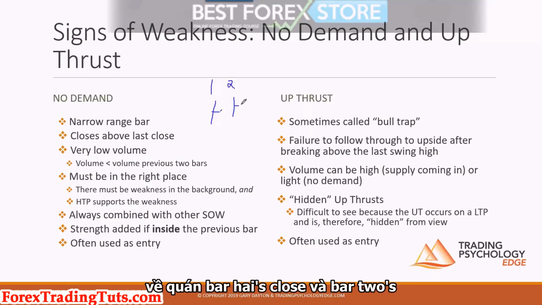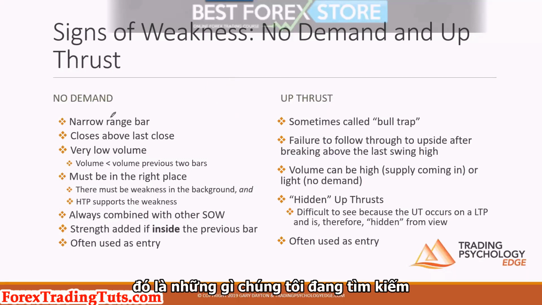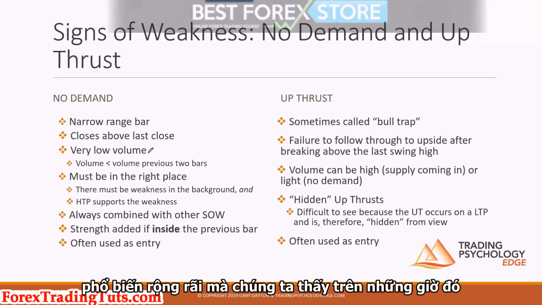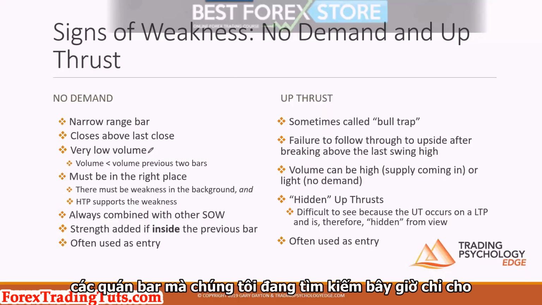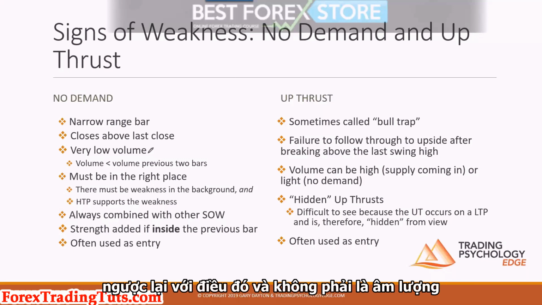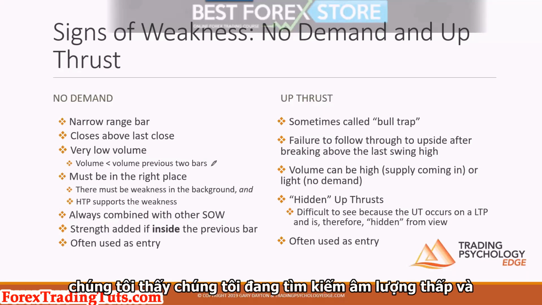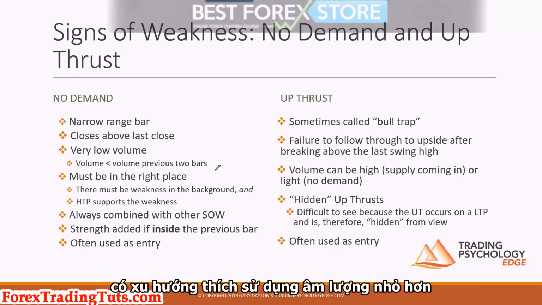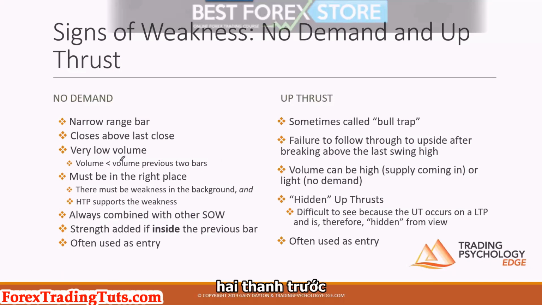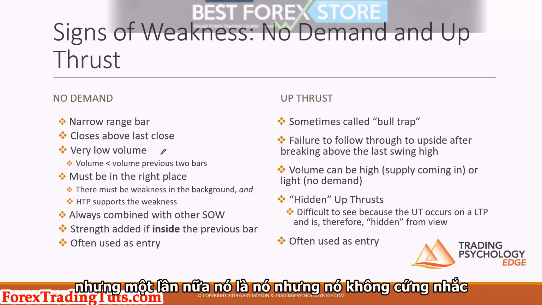We're concerned about bar 2's close, and bar 2's close is higher than bar 1's close. That's what we're looking for. We're looking for narrow range, not the wide spread that we see on those hourly bars. We're looking for just the opposite of that, and not the volume that we saw. We're looking for low volume. And we tend to like to use volume less than the previous two bars, but again, it's not rigid, right?